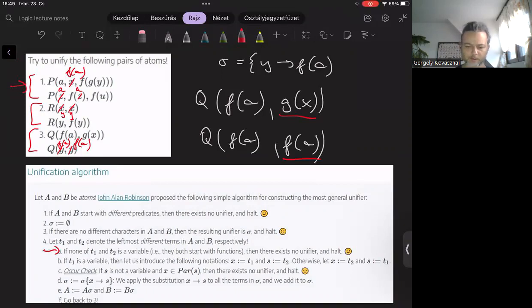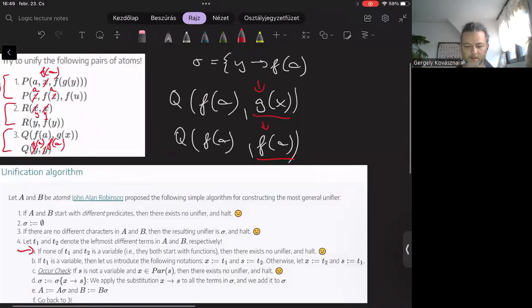They start with two different functions, and those two functions cannot be the same, whatever you do. Therefore, we have to stop with a sad face. So there is no unifier. There is no way you can make those two atoms the same. You cannot unify those two atoms either.